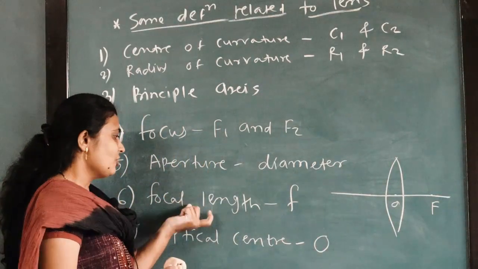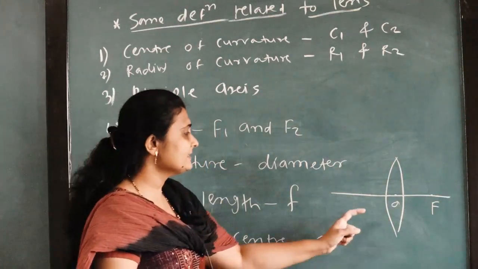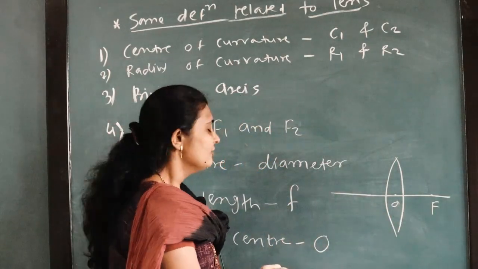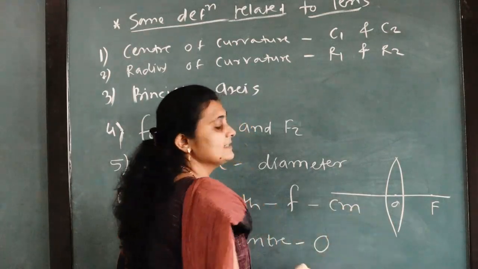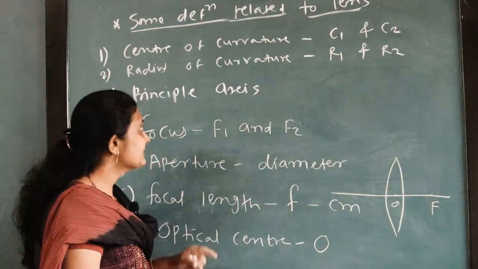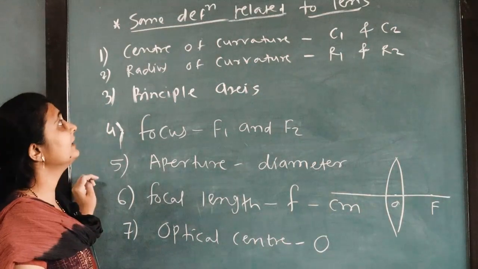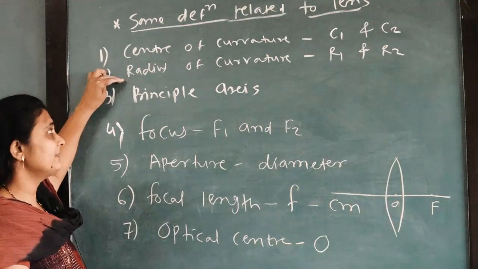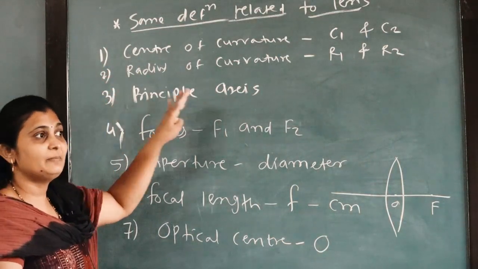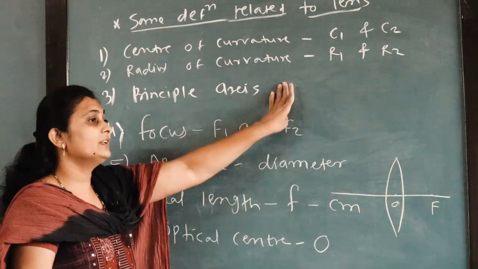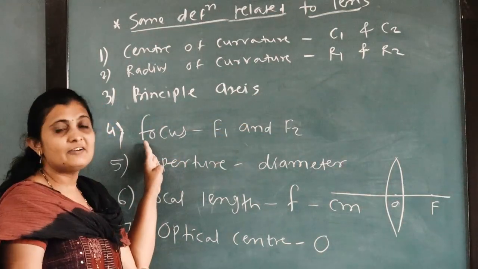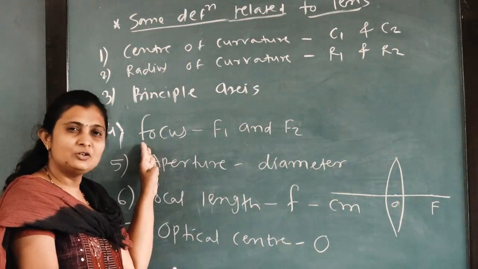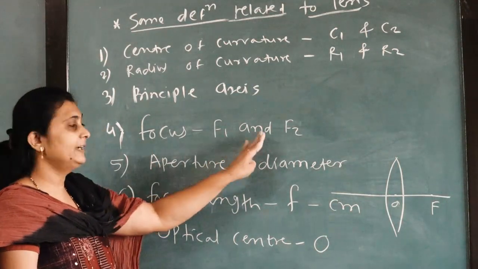Then what is the focal length? It is the distance from the optical center to the focus, denoted by f. Focal length is measured in centimeters. Understood? These are all the 7 definitions related to the lens. Center of curvature, radius of curvature, principal axis, the imaginary line which passes through the centers of curvature, focus: after refraction the parallel rays meet at one point or appear to meet, that is the focus point.